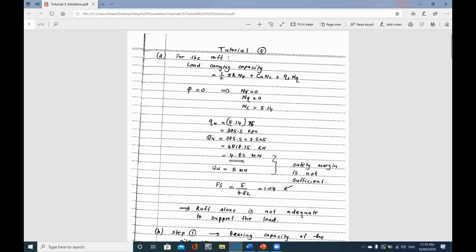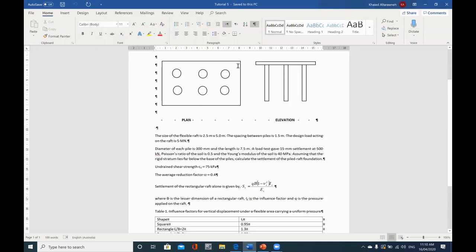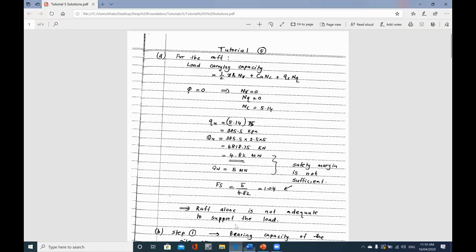To calculate the ultimate load carrying capacity, we need to multiply by the cross-sectional area of the raft, which is 2.5 by 5 meter. Because this is a stress value, we multiply it by the area to find the load carrying capacity of this raft by itself, and that will be 4.8 meganewton.